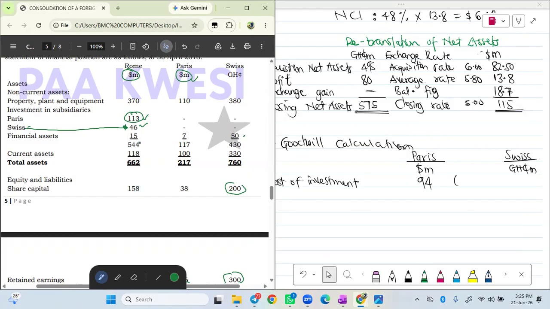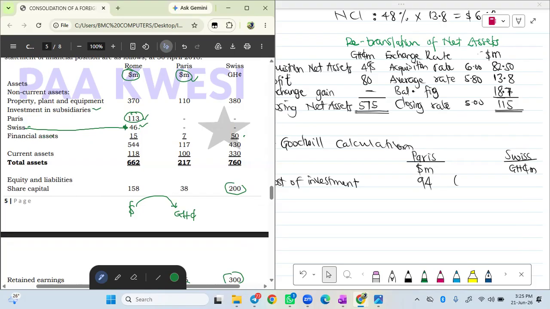This time around, we are converting from dollars to what? Cedis. If you want to know the cost of investment in the subsidiary or associate, it is always given as part of your assets, investment. They said investment in subsidiaries, 113 and 46. So the 46 is the one they invested in Swiss.